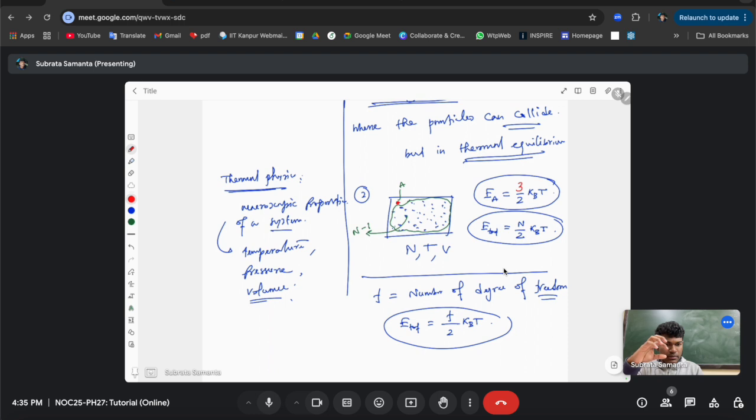Because equipartition says that the energy is divided among each mode, or each degree of freedom. If there are n particles, that is basically 3n times half kBT, because each particle has 3 degrees of freedom. They can move in the x direction, the y direction and the z direction.